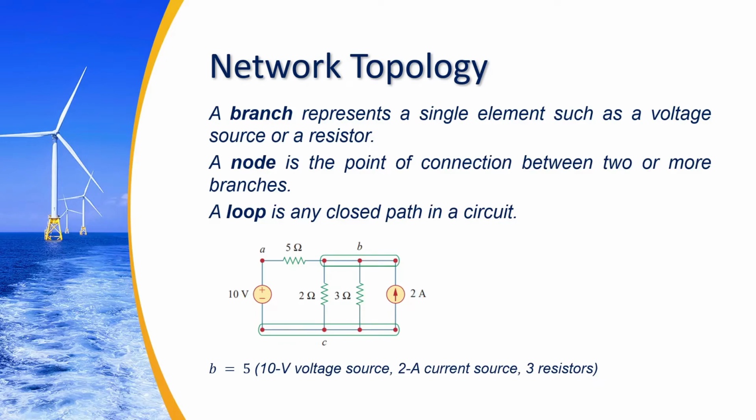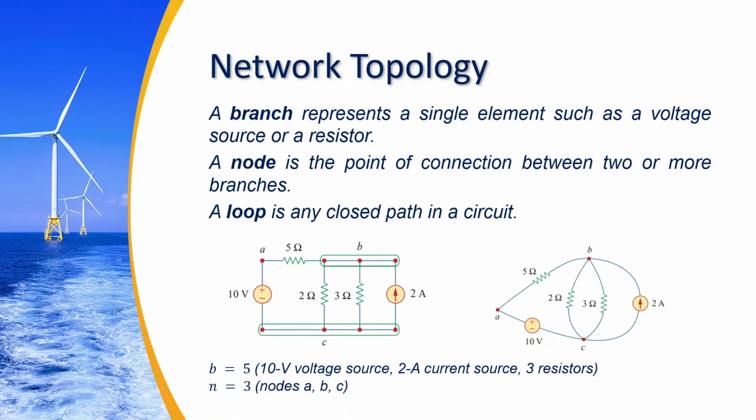So, what about the nodes? We have 3 nodes. If we reconstruct our circuit, we have node A, node B, and node C. The definition says a node is the point of connection between two or more branches.